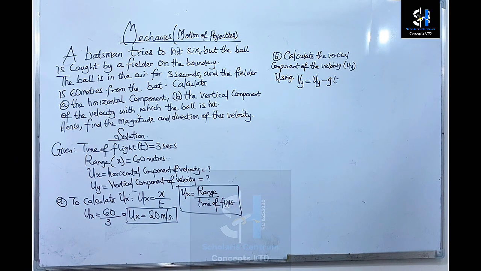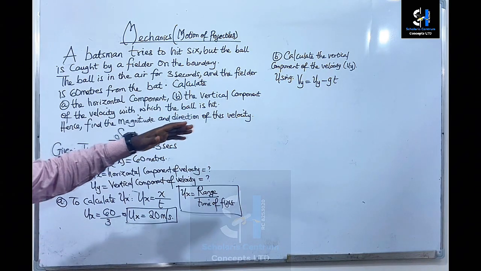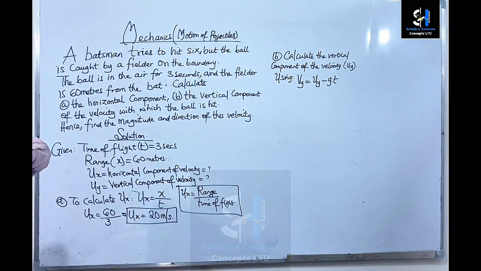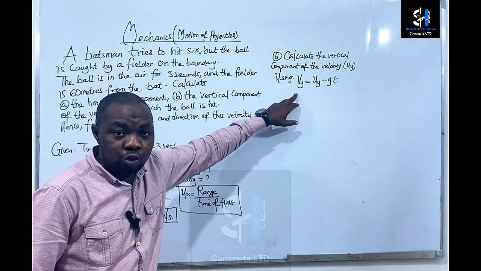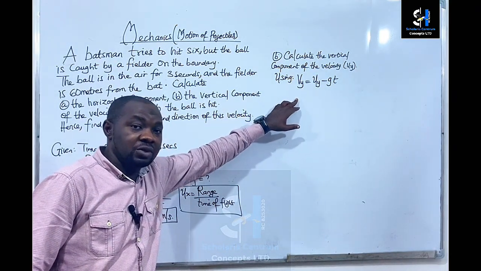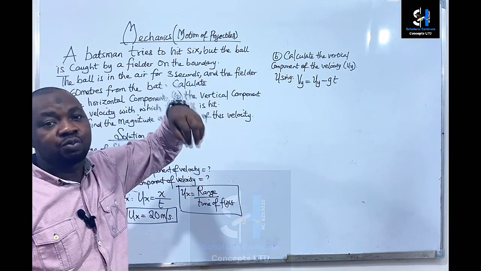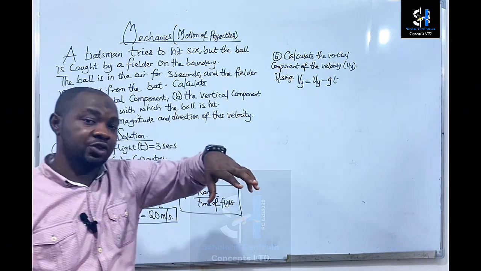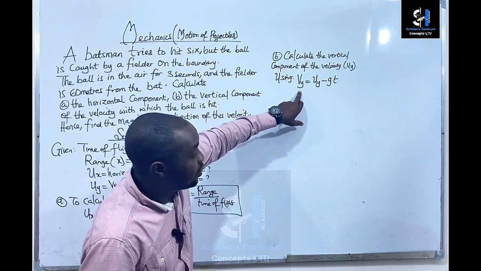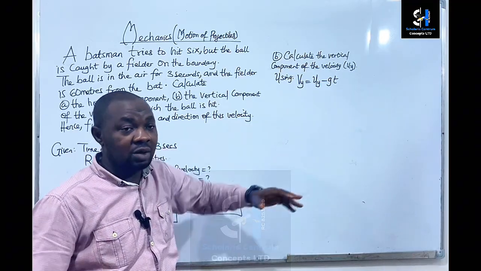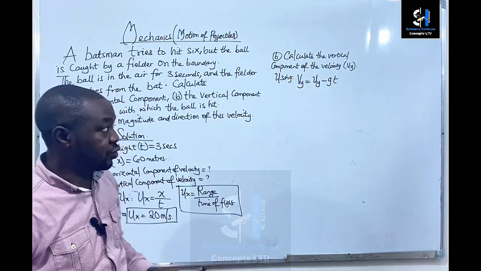The vertical component of the velocity will be equal to 0 at the highest point of the ball's trajectory.